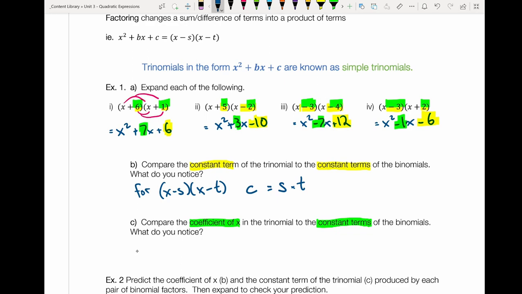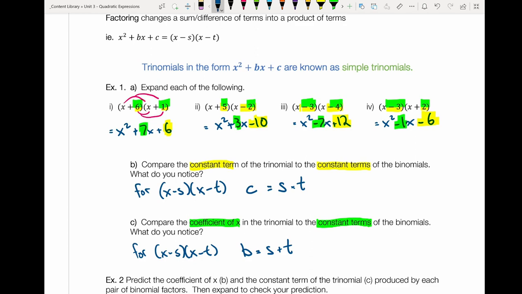We should see that for two binomials, x minus s times x minus t, the b value, that middle term, is equal to s plus t. So when we add those two constants, that gives us our middle number.